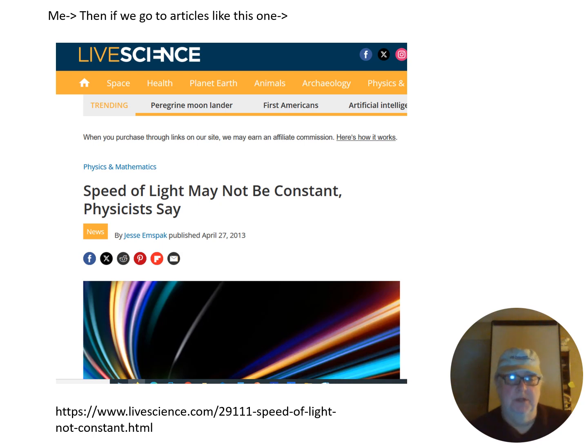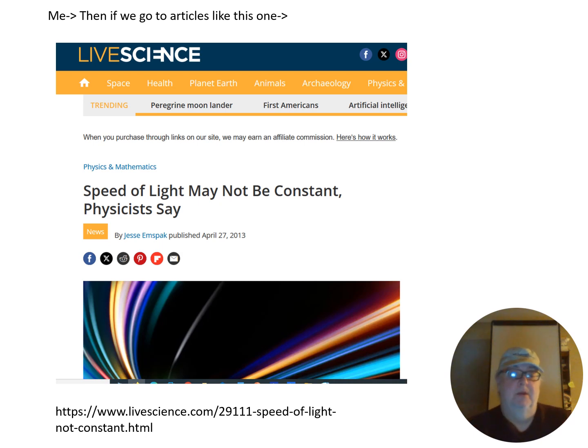Then we go to articles like this one in Live Science. It says speed of light may not be constant, physicist says. There are various people saying that the speed of light is not constant. There are of course people saying that the speed of light is constant in some papers, but I think they're mistaken.